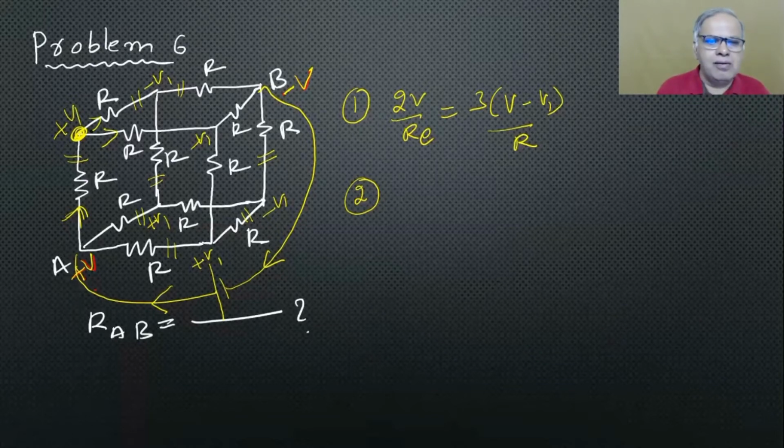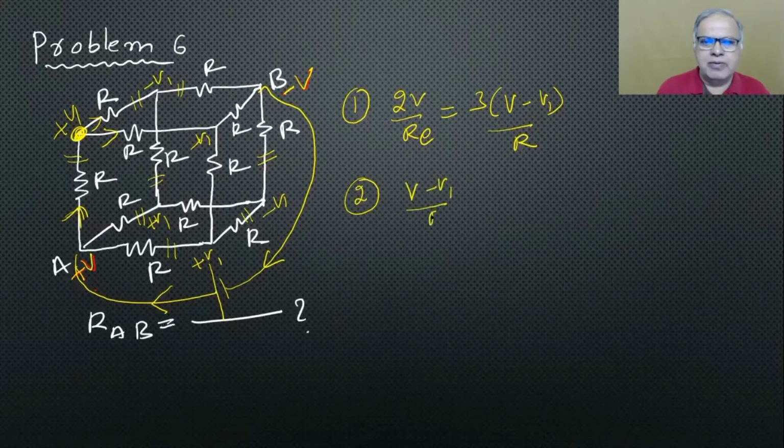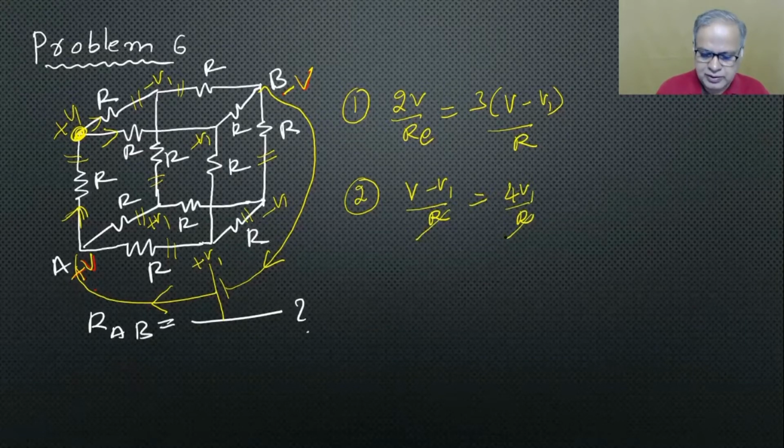So what will I write? 2 times (V minus V1) by R minus V1 by R equals 4 V1 by R. Let's cancel R. So what do I get? V equals 5 V1, V1 is V by 5.